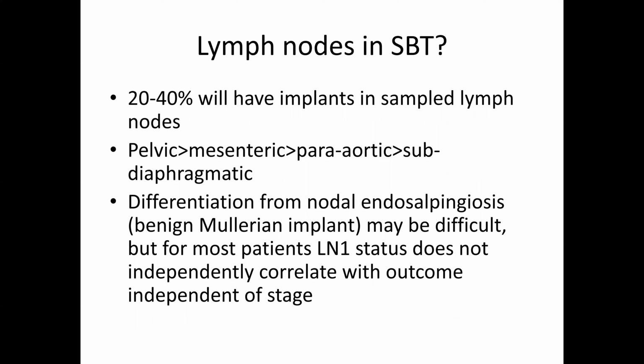In this situation, yes, you can try to differentiate it from just nodal endosalpingiosis, which would be a more benign Mullerian implant without any atypia. This may be quite difficult. But fortunately, lymph node status does not really seem to correlate with outcome when we take stage into account. So lymph node status does not particularly change stage grouping.